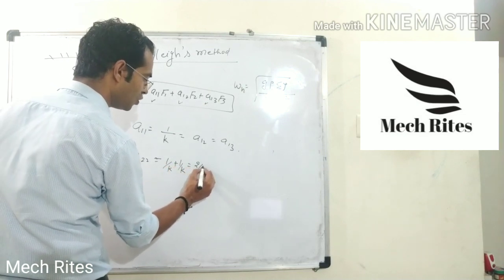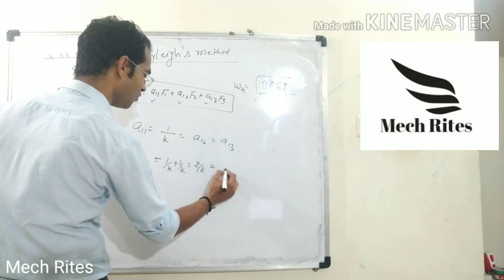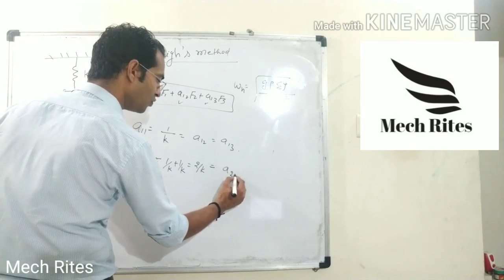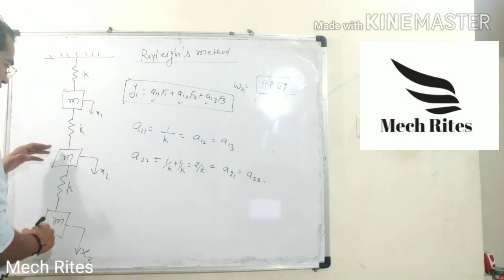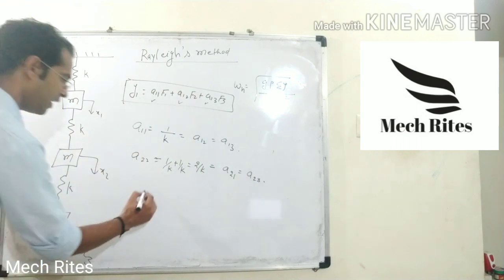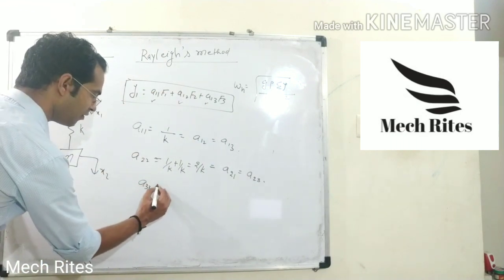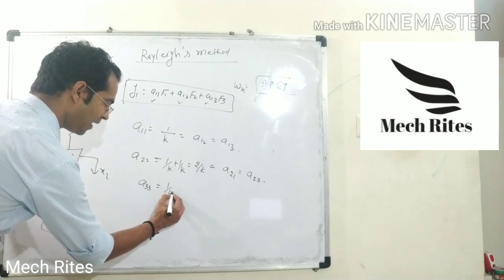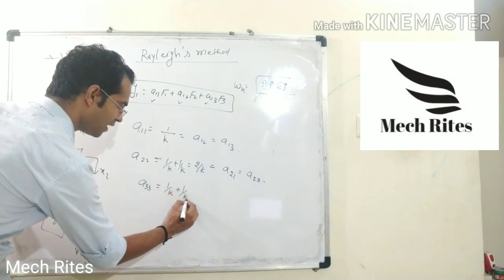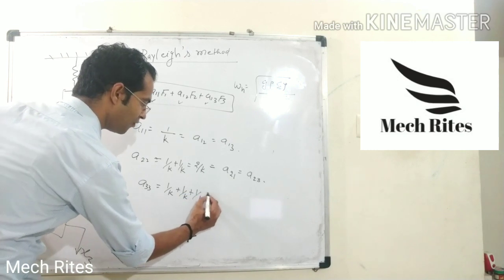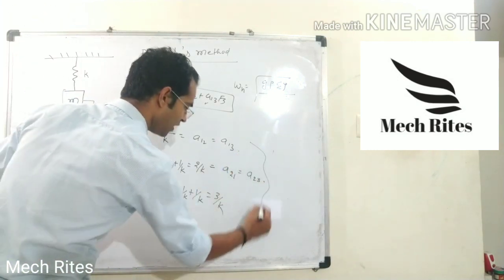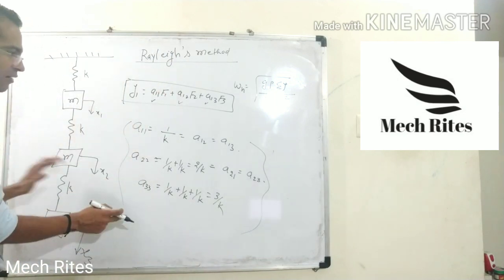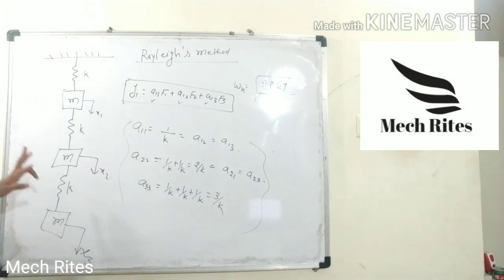It will be equal to 2 by k, and the value will be equal to A21 and A23. Similarly, for A33, the value will be 1 by k plus 1 by k plus 1 by k, and finally we will get 3 by k. So finally we have the influence factors right now.